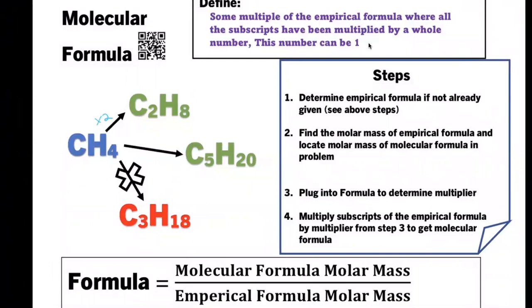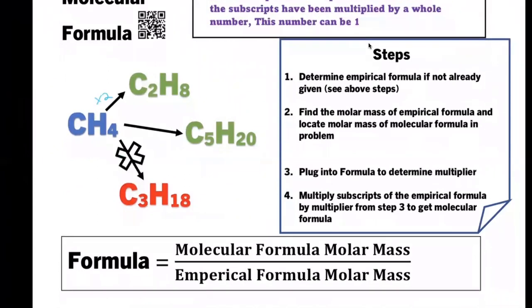It still has the same ratio of elements, and they can be reduced, but technically it's a different substance than CH4. Same thing for the next example, C5H20. That would be if I multiplied these subscripts by 5. Still the same ratio of 1 to 4, but has the ability to be reduced and is a different molecule based on the true subscripts that are present.